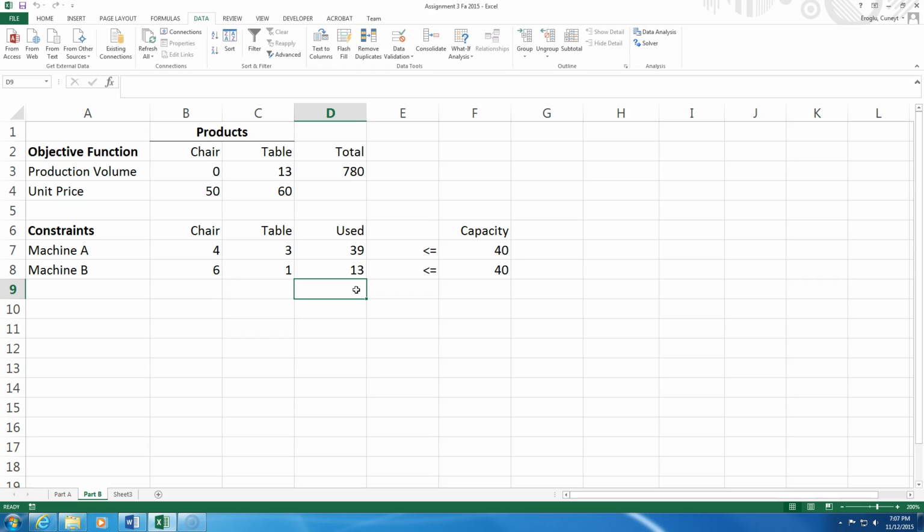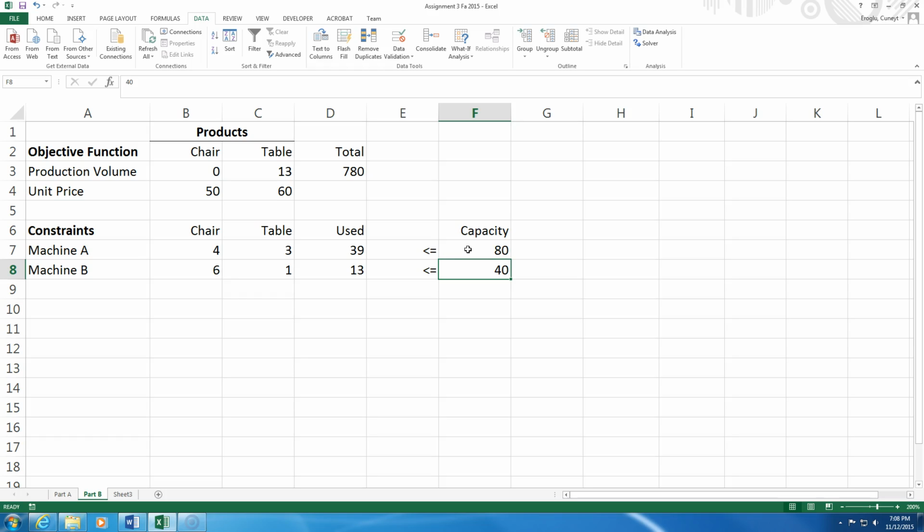So let's try to relax this binding constraint. How are we going to do that? Let's suppose we buy a second machine A. So when we buy a second machine A, the capacity goes from 40 to 80.